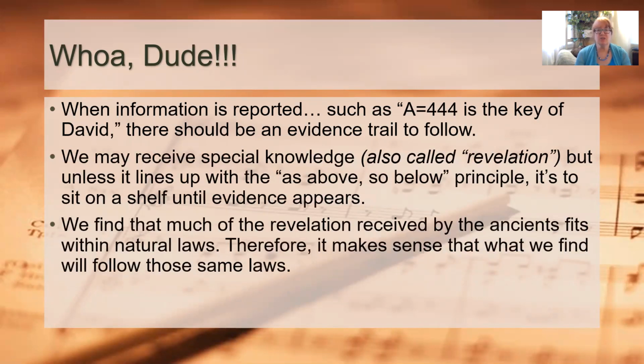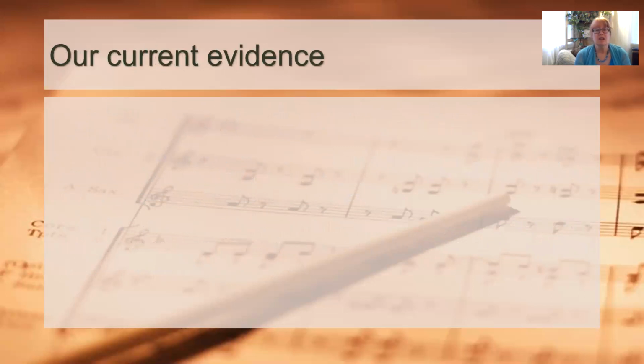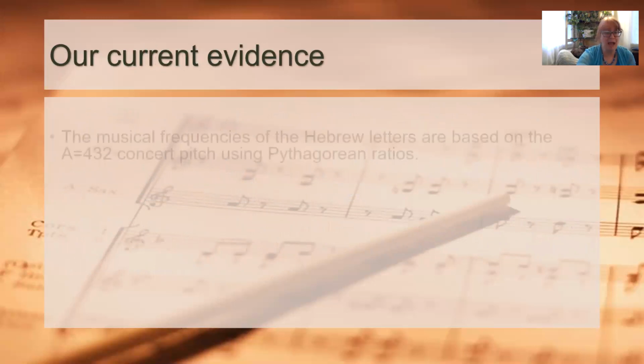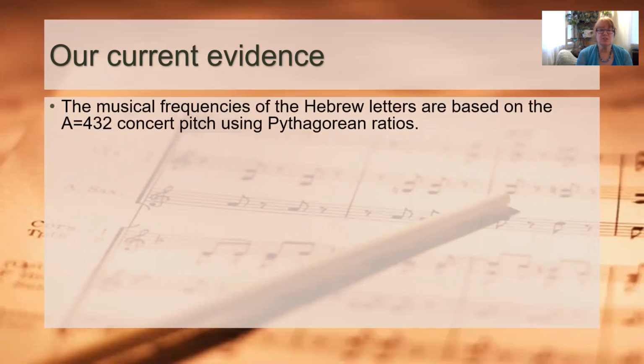We find that much of the revelation received by the ancients fits within natural laws. Therefore, it makes sense that what we find will follow those same laws. Our current evidence, and we're going back to this again, is that the musical frequencies of the Hebrew letters are based on the 432 concert pitch using Pythagorean ratios.